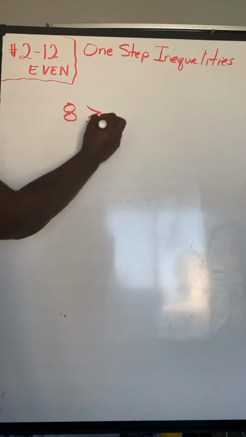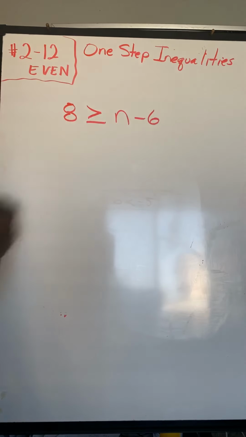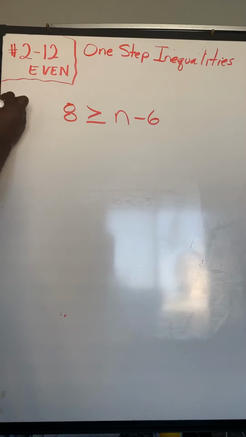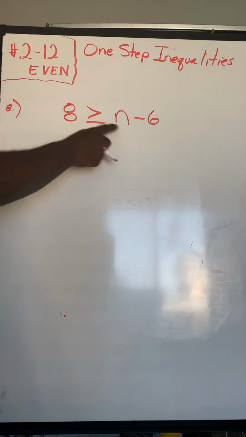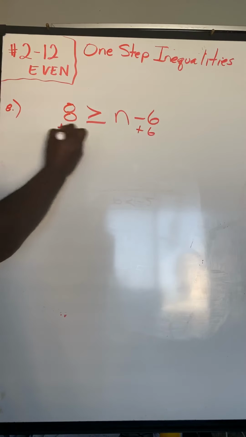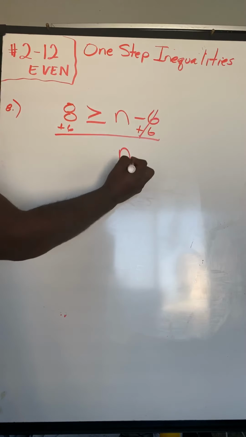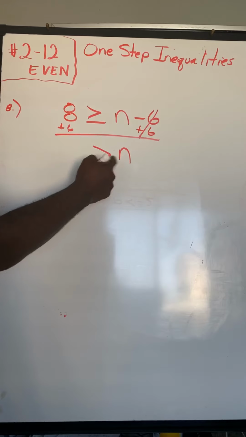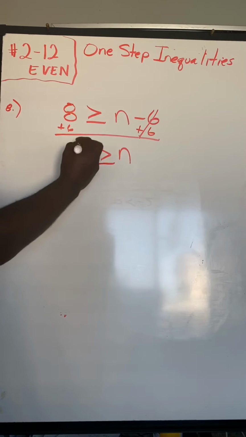Again, this is number 8 on your assignment. So, isolate the variable. The opposite of -6 is +6. That's gone. I have n, and 8 plus 6 is 14.